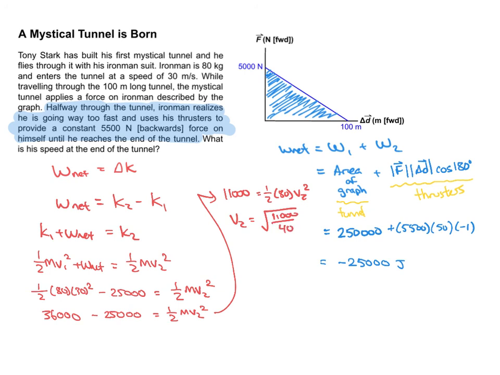Half times 80 is 40. So I'm getting 17, rounded to 2 sig figs here. All right.